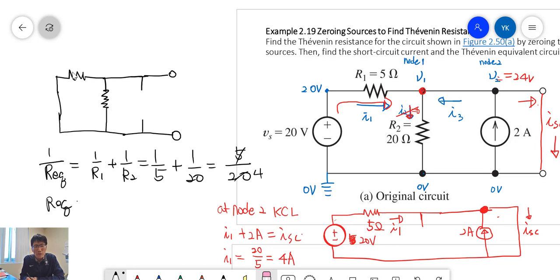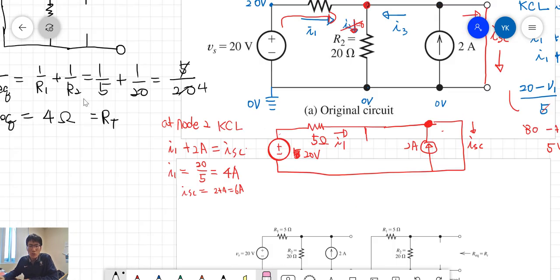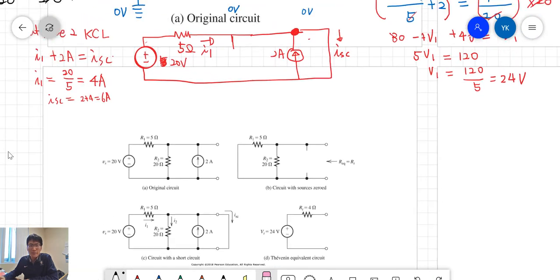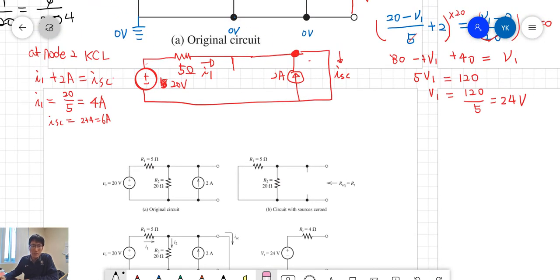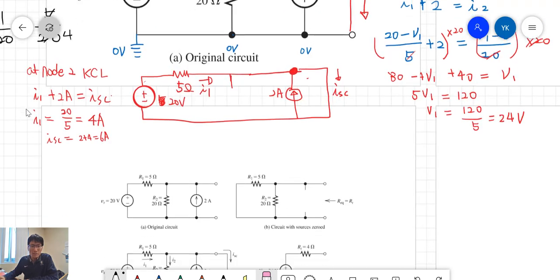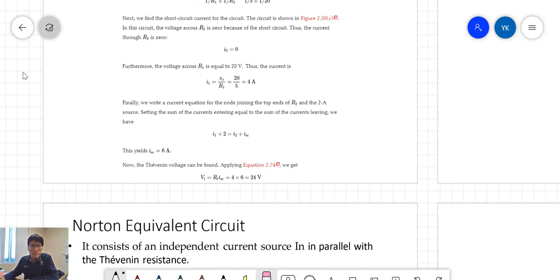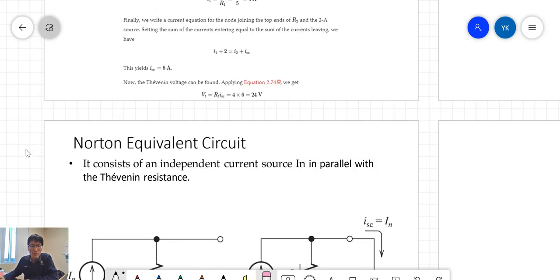So R equivalent is 4 ohms, which is the Thevenin equivalent resistance. Okay, so this is one way. You can use either way, but basically you need to find the Thevenin voltage, the short circuit current, and the resistance.